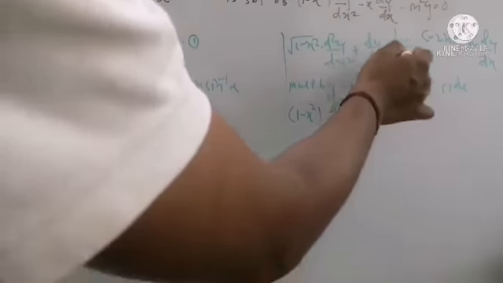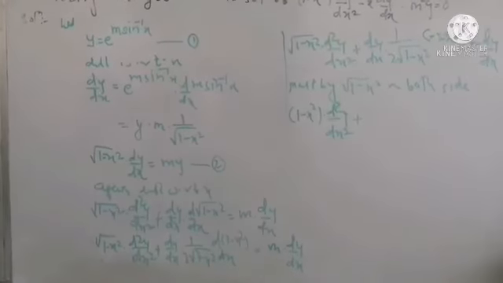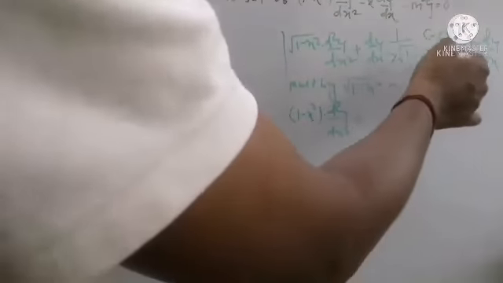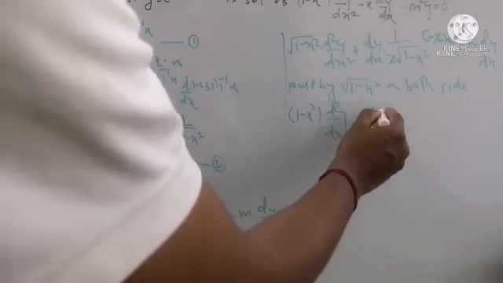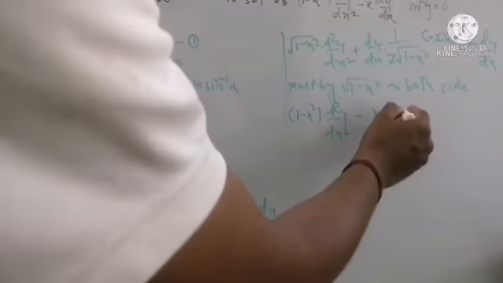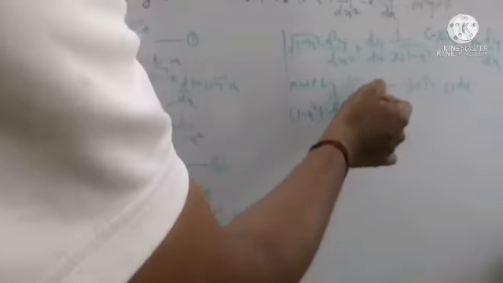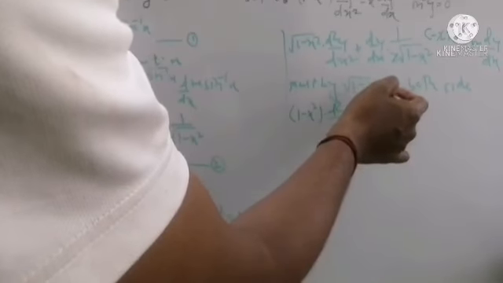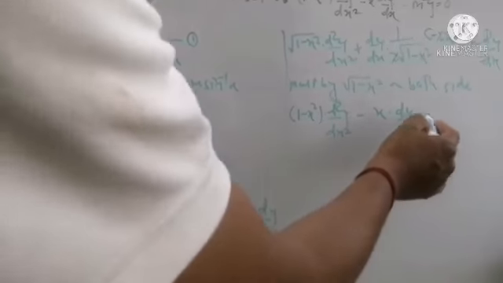In the second term, as root of 1 minus x square is in the denominator, the multiplier root of 1 minus x square gets cancelled, and 2 also gets cancelled, and as the term is negative we get minus x into dy by dx only.